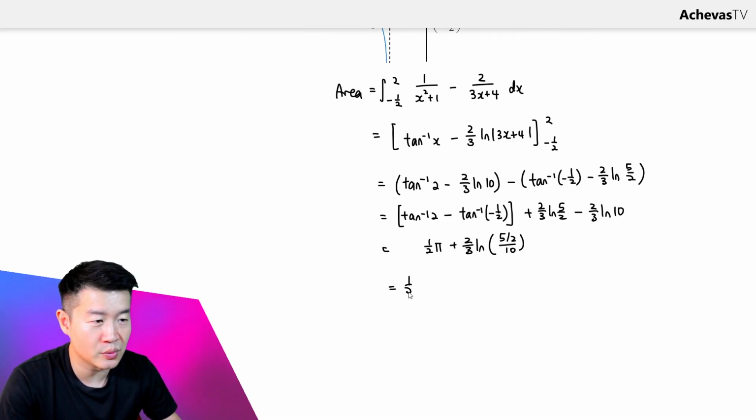This is equal to half pi plus 2 over 3 ln of 1/4, which we can definitely rewrite as 2 to the power of minus 2. So minus 2, if I were to bring it forward, my simplified version is going to be half pi minus 4 over 3 ln 2.